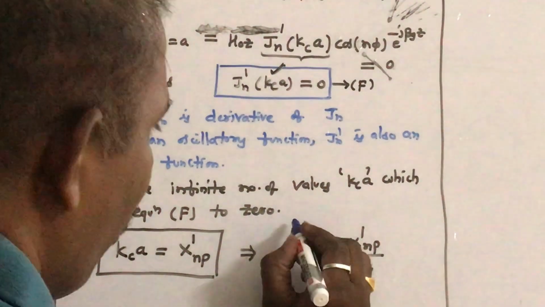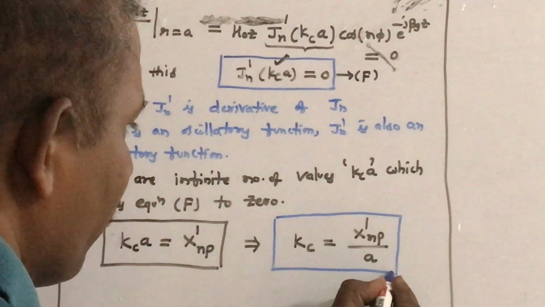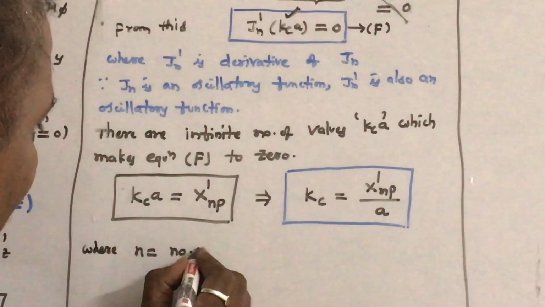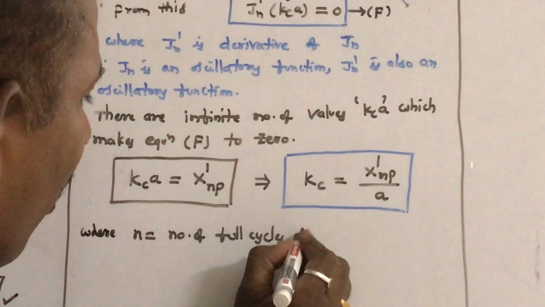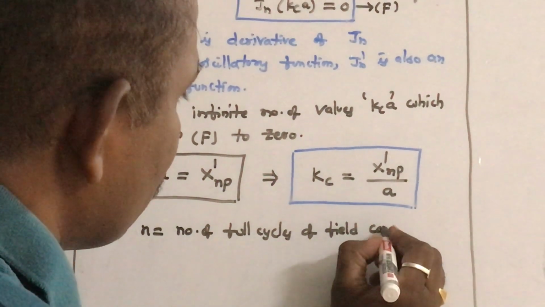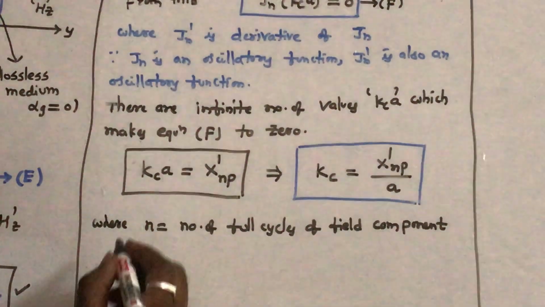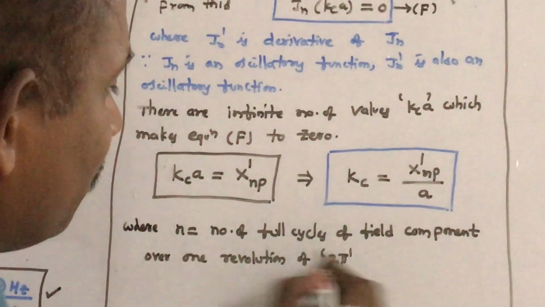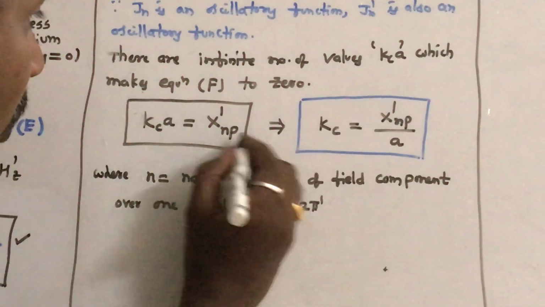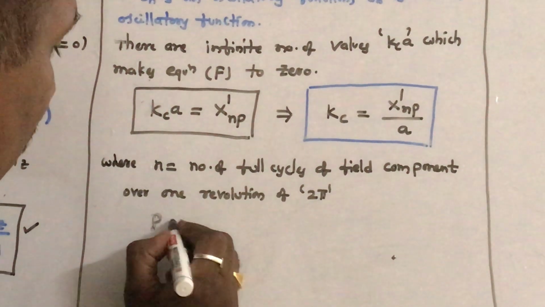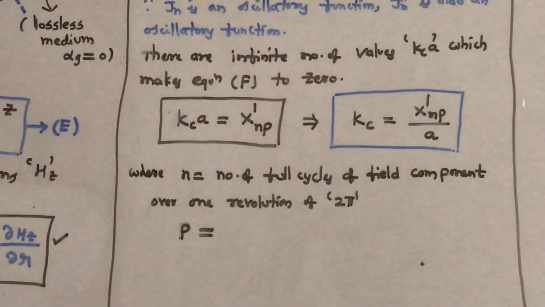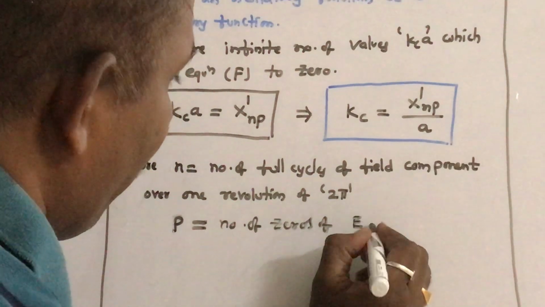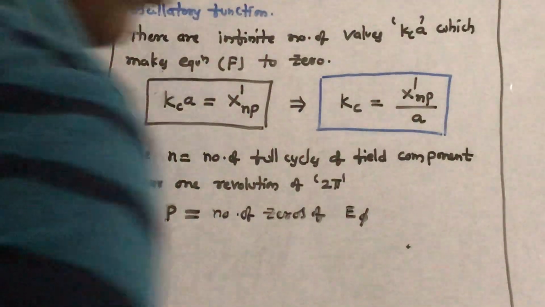So this is another very, very important formula we use several times. What is Kc? x dash np by A. Where n is equal to the number of full cycles of the field component over one revolution of 2π. Next, there is P. P is called the number of zeros of E phi.